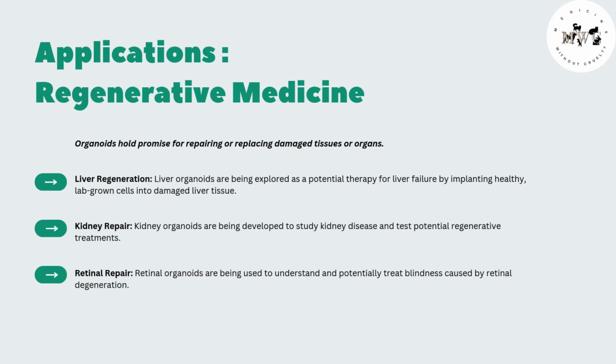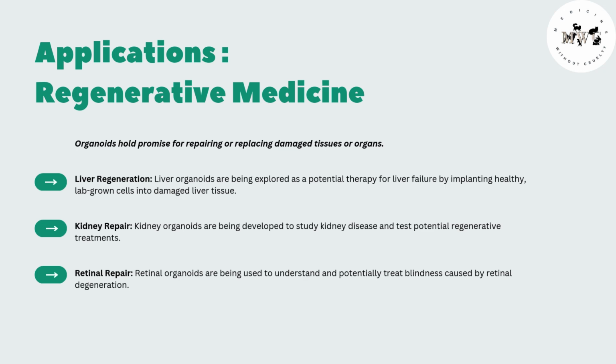Now, organoids hold real promise for repairing or replacing damaged tissues or organs. It can be used in liver regeneration. So, for example, in liver failure, it could be used to implant healthy lab grown cells into the damaged liver tissue. Kidney organoids are being developed to study kidney disease and test potential regenerative treatments.